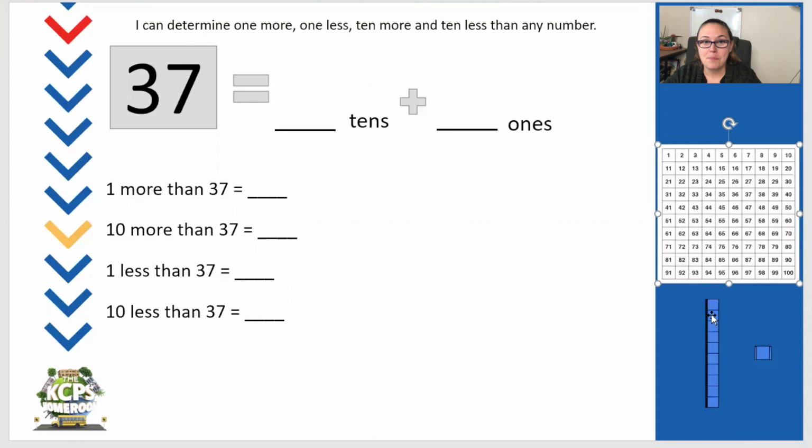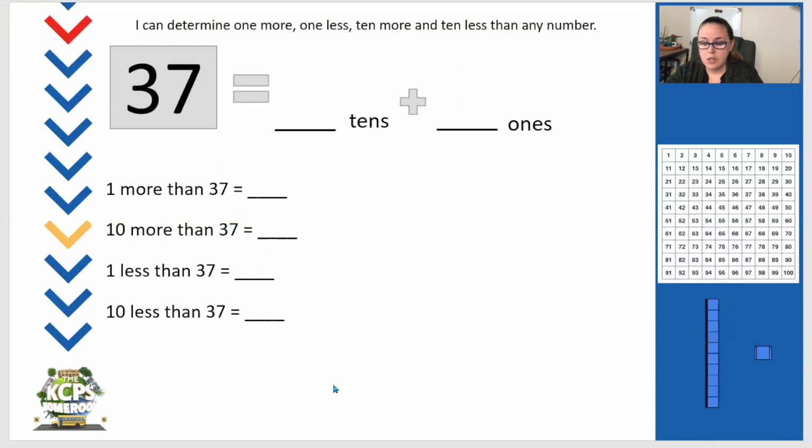And we'll also be using base 10 blocks. So here's a tens rod, and here's a ones square in this case. So the first thing we are going to do is we are going to talk about the number that you see on your screen in the gray box. And the first number that we're going to start with today is the number 37.